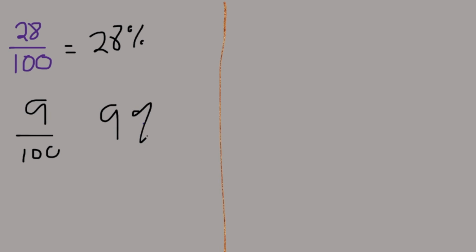I can change this to a fraction by saying this is 28%. Just like I can change 9 out of 100 to be 9%. And just like I can take 6% and change this back to a fraction and say this is 6 out of 100.